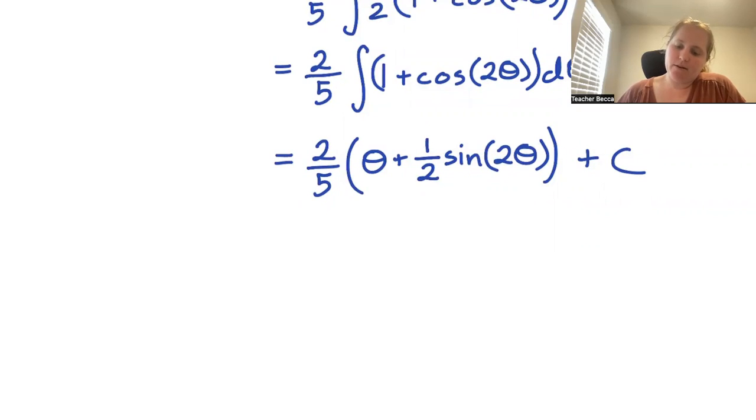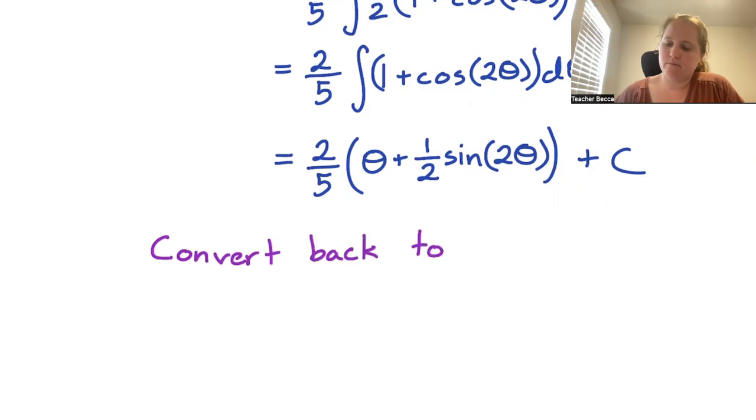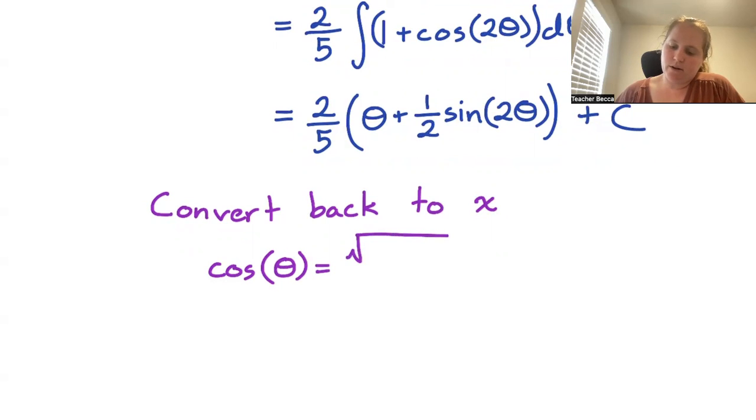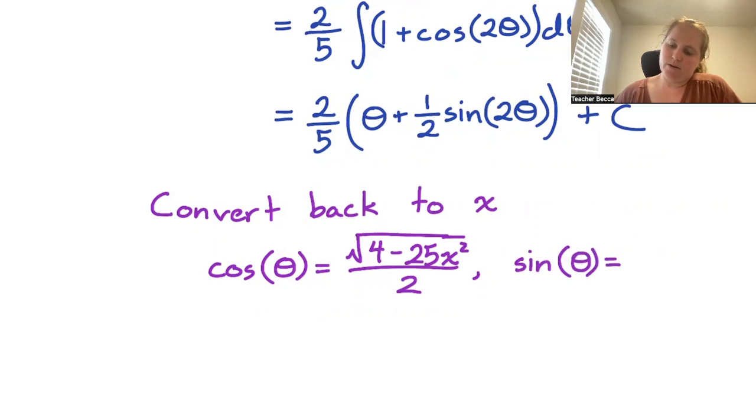Our job from here is to convert back to x. So we know that cosine of theta was square root of 4 minus 25x squared all over 2. We have sine of theta was x over 2.